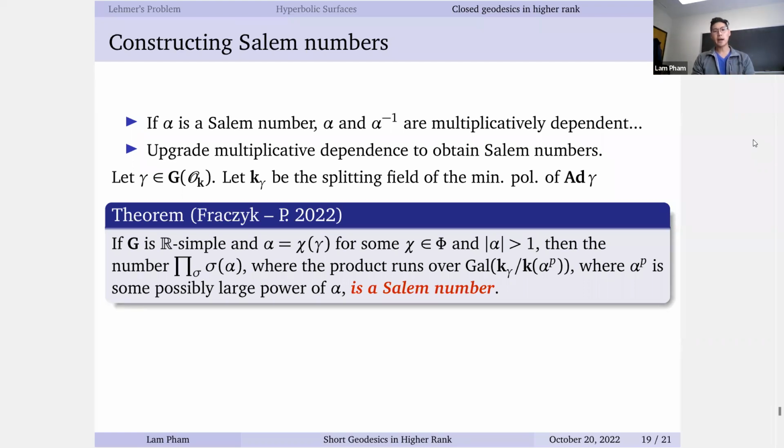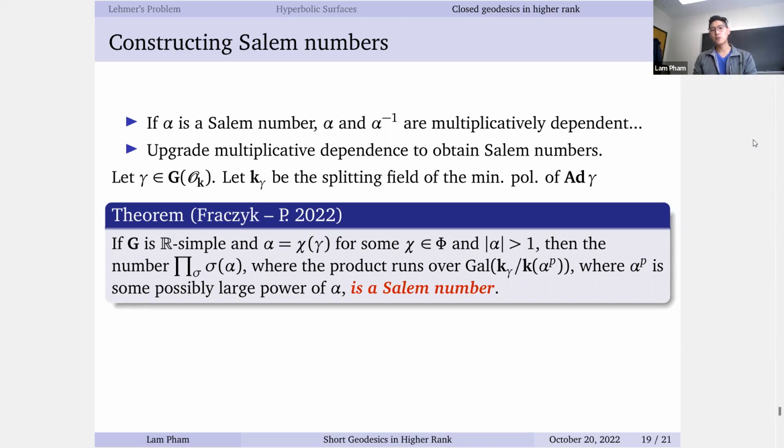And now you can construct out of this alpha an appropriate number, which becomes a Salem number. So in this case, how do we construct this number? We just use the following construction. We just take the product of all these conjugates over an appropriate Galois group. So what is this Galois group?